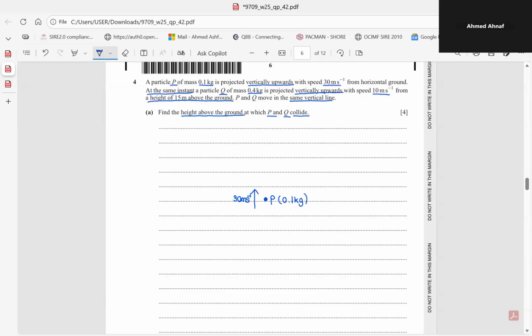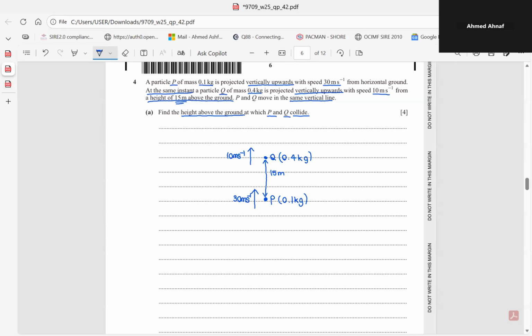And Q is projected also vertically upwards in the same vertical line, but from a higher height of 15 meters. So Q is 0.4 kg. It goes at 10 meters per second, and the distance between them is 15 meters. So this is all the information that we have.